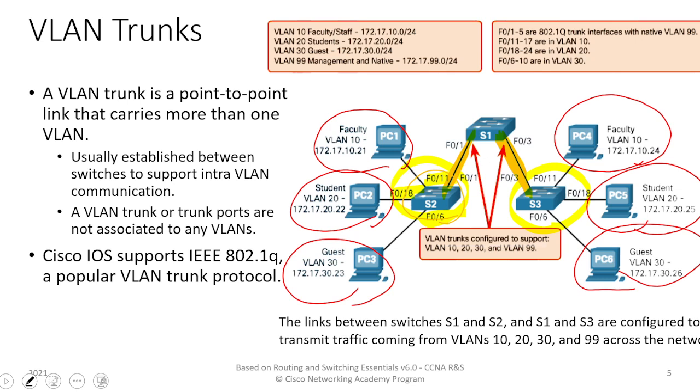So it has to carry all the VLAN information. So that is the type of connection that we would identify as a VLAN trunk. So a VLAN trunk is essentially a point-to-point connection that carries more than one VLAN. So we would use VLAN trunks when we are interconnecting switches and want to carry forward all the VLAN information across those switches.